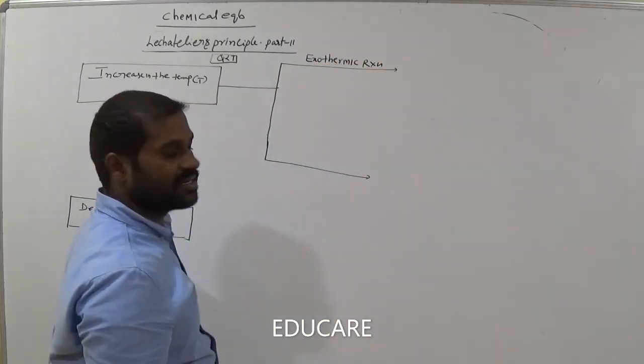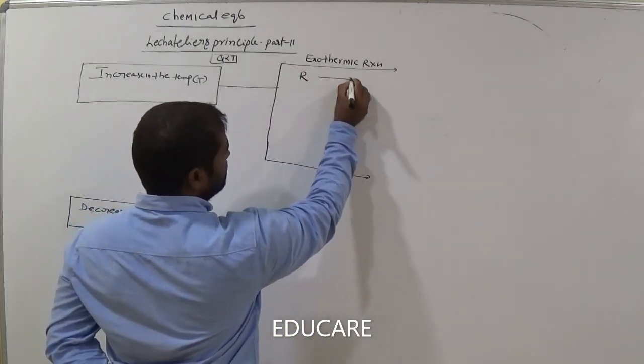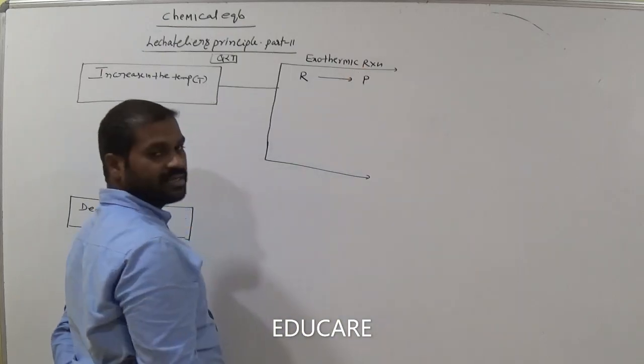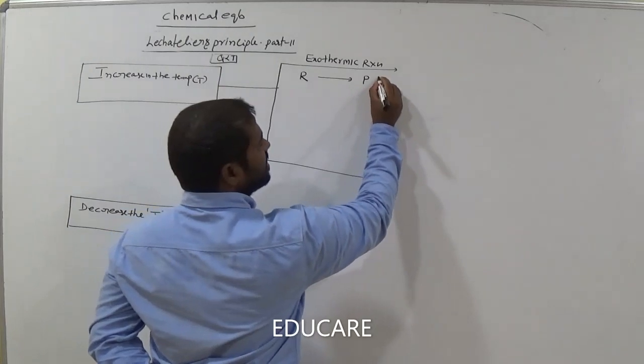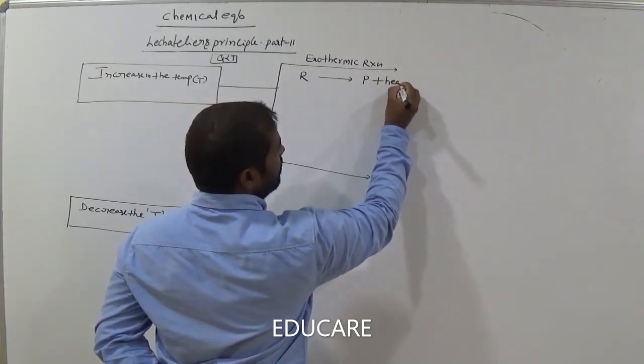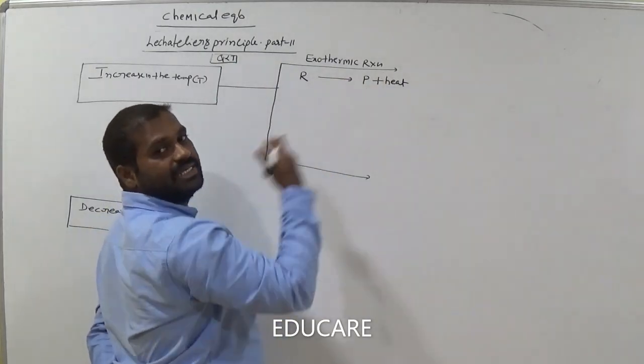Is it clear? Now this one is reactants, this one is product. Exothermic reaction means we add heat energy at the product side, am I right? Why? Because after the reaction an amount of heat is released.